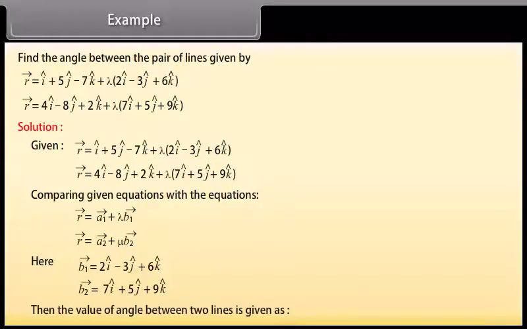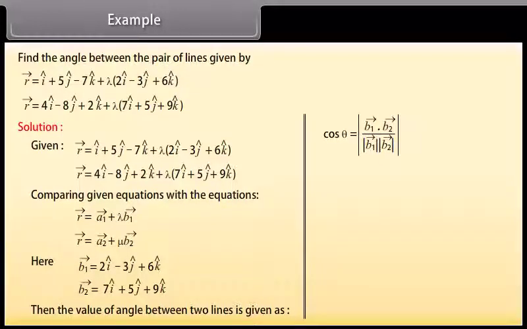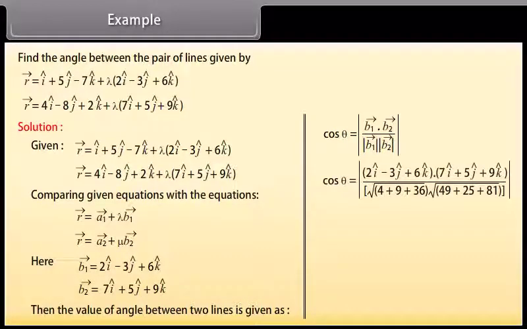Then the angle between two lines is given as cos theta equals modulus of (vector b1 dot vector b2) by (modulus of vector b1 into modulus of vector b2), which is the modulus of the dot product of (2i minus 3j plus 6k) and (7i plus 5j plus 9k) divided by the square root of (4 plus 9 plus 36) into the square root of (49 plus 25 plus 81).